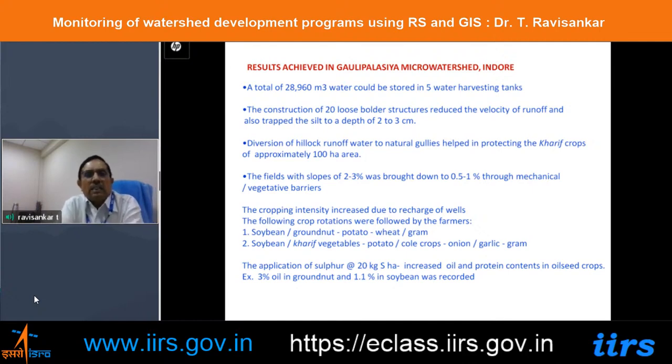Then the field slope of 2 to 3% was brought down to 0.5 to 1% through mechanical and vegetative barriers. The cropping intensity increased due to recharge of wells. Particularly, the following cropping systems have become popular there, and the application of sulfur increased oil and protein content in oilseeds.